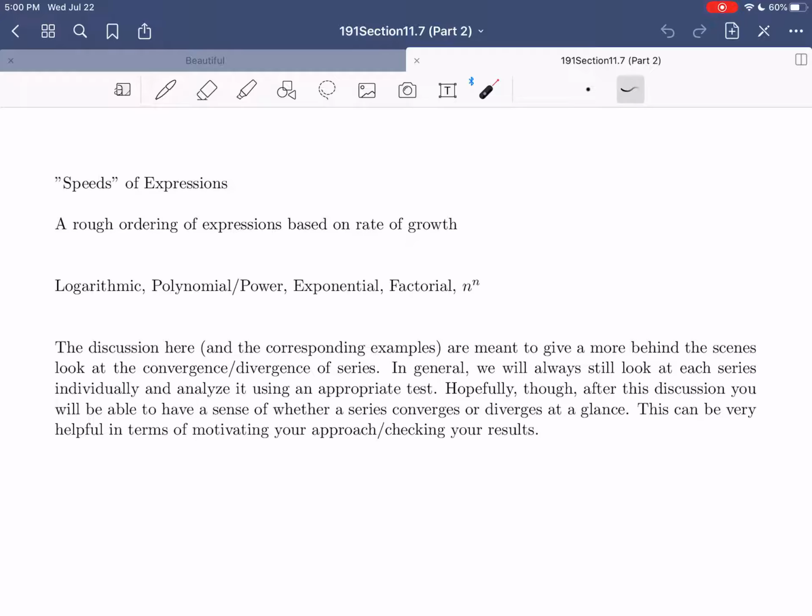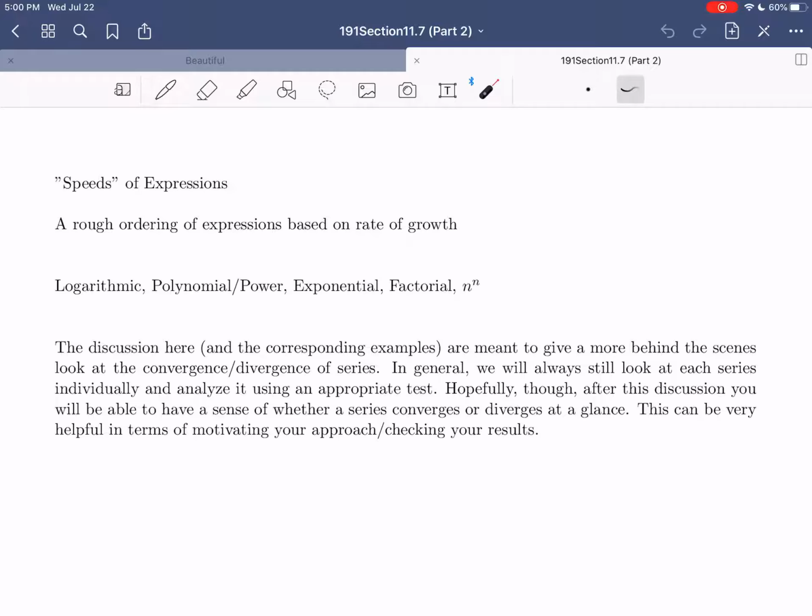Hopefully, the real idea is that after this discussion, when you look at a series, you'll have a sense based on this ordering of expressions whether something is likely to converge or likely to diverge. Then, as you're actually applying the appropriate series test, something like integral test, limit comparison, direct comparison, ratio, root, whatever you choose, you'll know the most likely answer, so you'll have something that will motivate your approach and help you check your results.